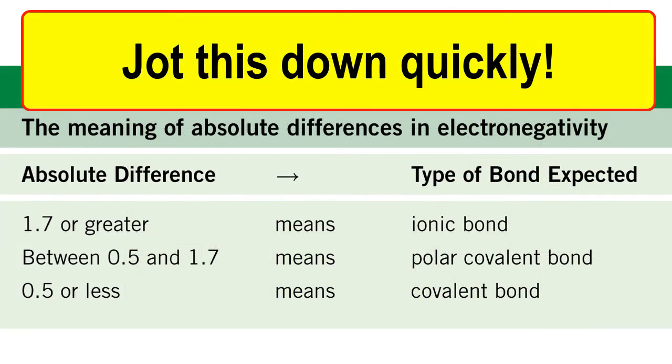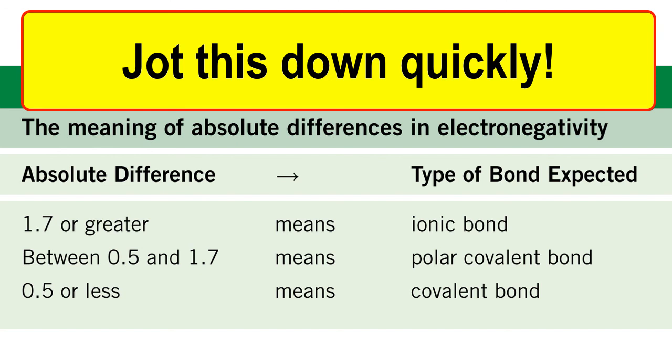This is how you can tell whether you're going to have a covalent bond, ionic bond, or maybe a polar covalence. It's almost ionic, but it's still covalent. One of them is a little bit stronger than the other, but covalent is 0.5 or less. You're going to need this for homework.